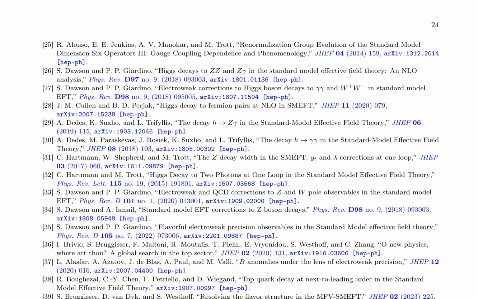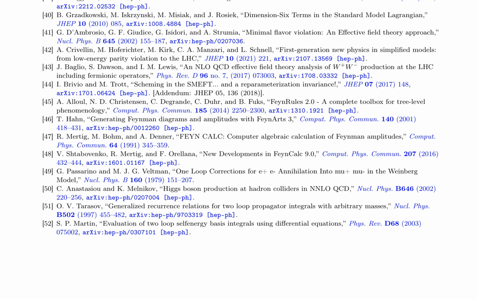The study explores NLO results for 95% confidence level limits on Class C operators, utilizing tools such as FeynRules, FeynArts, and FeynCalc for generating Feynman diagrams and amplitudes. It also employs FeynCalc and Tarasov's generalized recurrence relations for two-loop propagator integrals with arbitrary masses to evaluate two-loop self-energy basis integrals using differential equations.